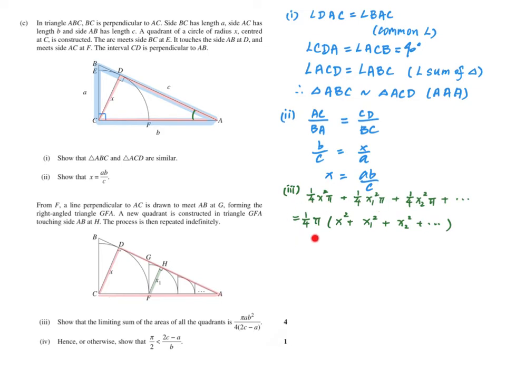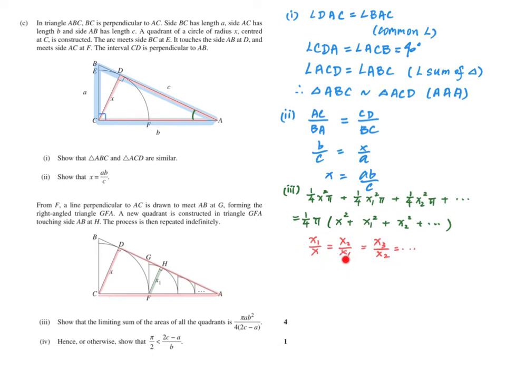We can take it out as a common factor, and then what's left inside the bracket should be x squared plus x1 squared plus x2 squared. Since this x, x1, x2 comes from a side of a triangle, and these triangles are similar triangles, it's quite logical for us to believe that they are in proportion, which means the later term divided by the previous term should be in the same ratio.